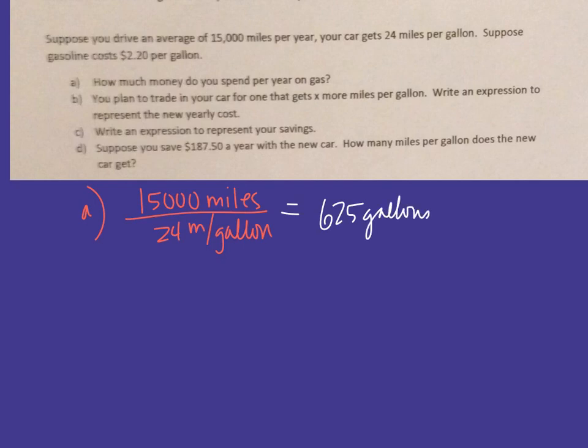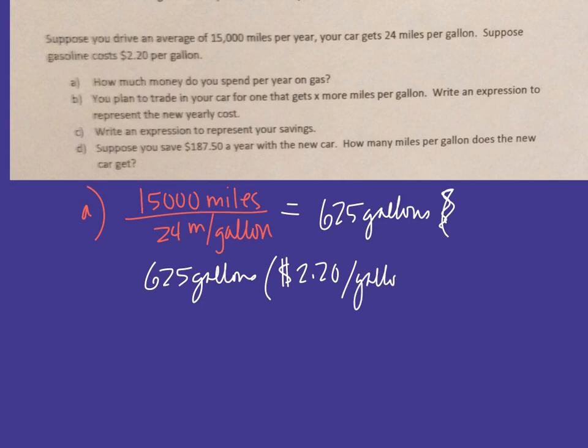And then, of course, if you are trying to figure out the cost, you need to do however many gallons times the price per gallon. And that is going to give you, oh, I just lost it. $1,375.